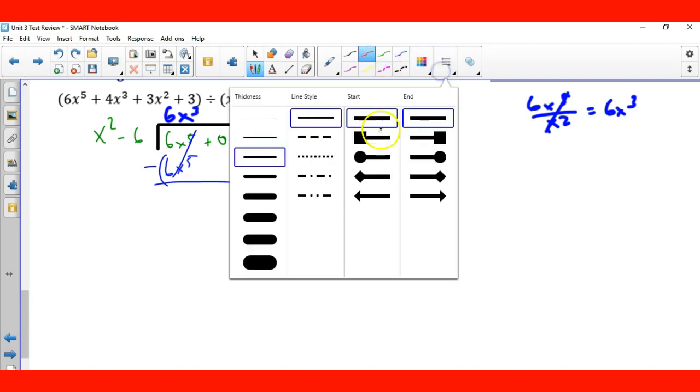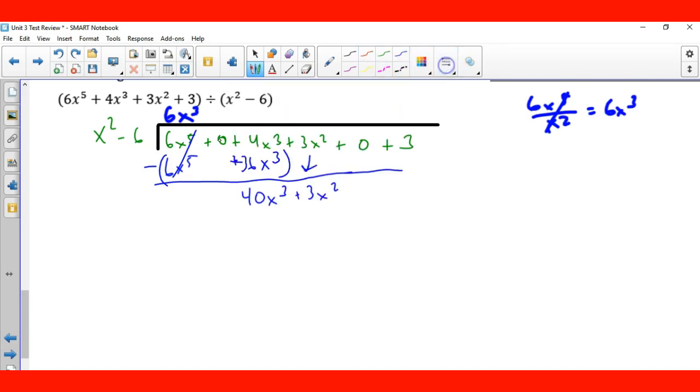So now I want x squared to be 40x cubed. So if I take 40x cubed divided by x squared, that leaves me with 40x. So I'm going to go plus 40x. So that's 40x cubed.